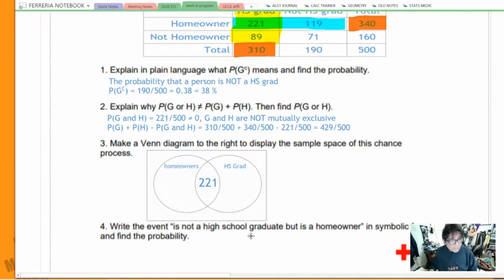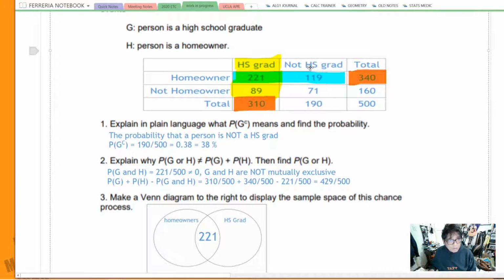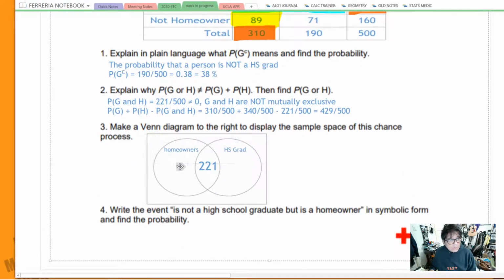Now we'll get these other numbers. Inside the crescent moon on the left, that means homeowners but not high school graduates. So homeowners but not high school graduates up here, that's this 119. They are homeowners, but they're not high school graduates. So over here, we're going to put a 119.